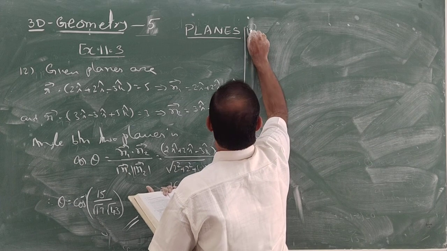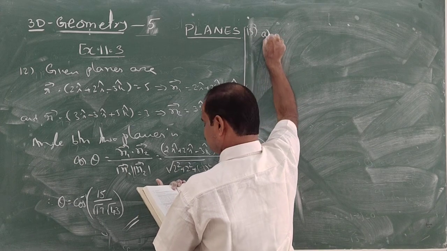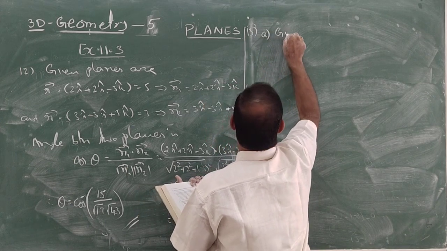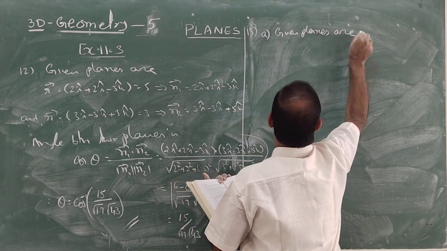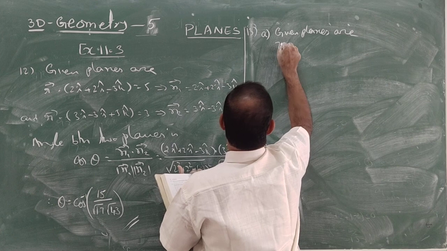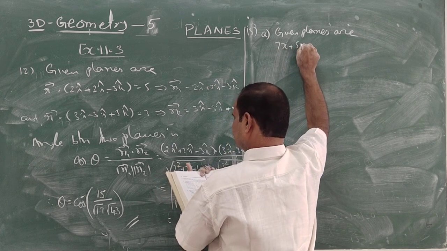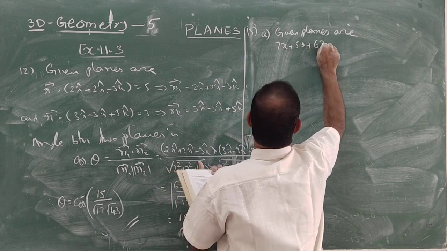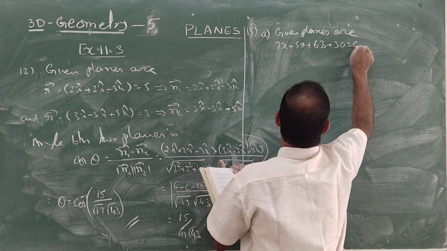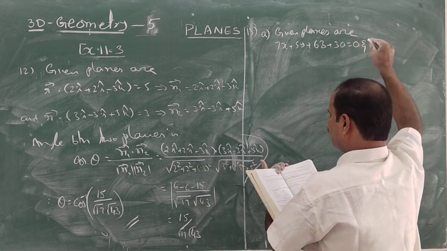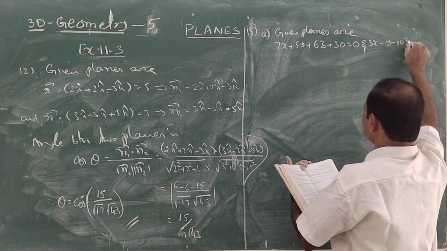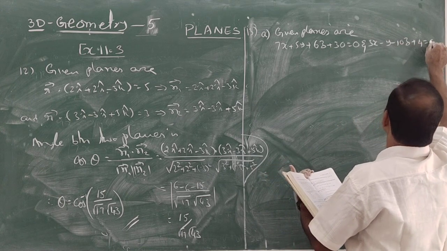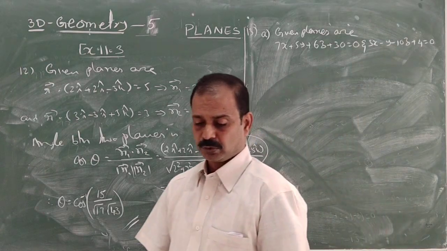So 13th, A. Given planes are 7x plus 5y plus 6z plus 30 is equal to 0, and 3x minus y minus 10z plus 4 is equal to 0.